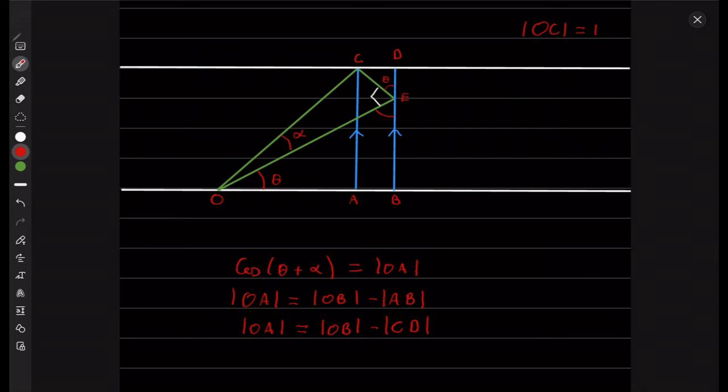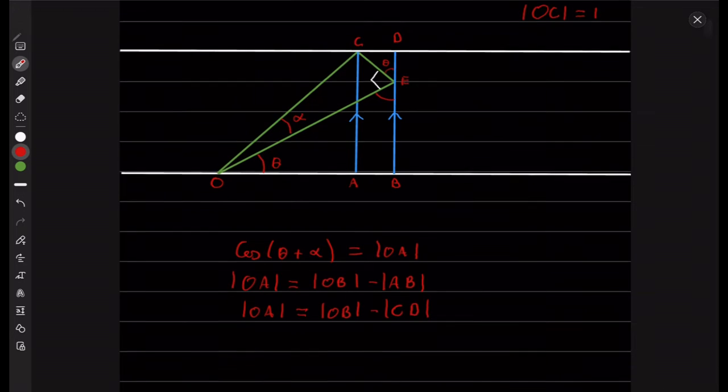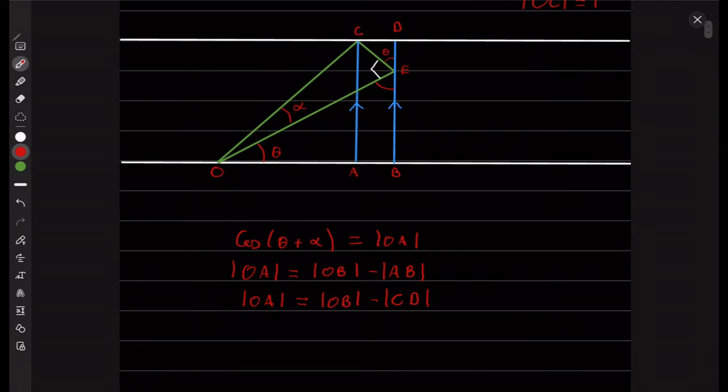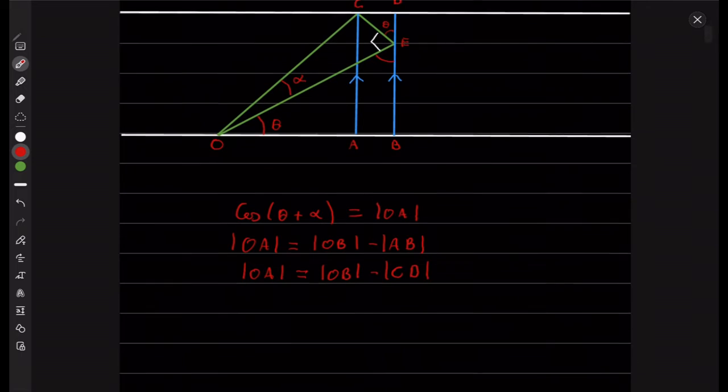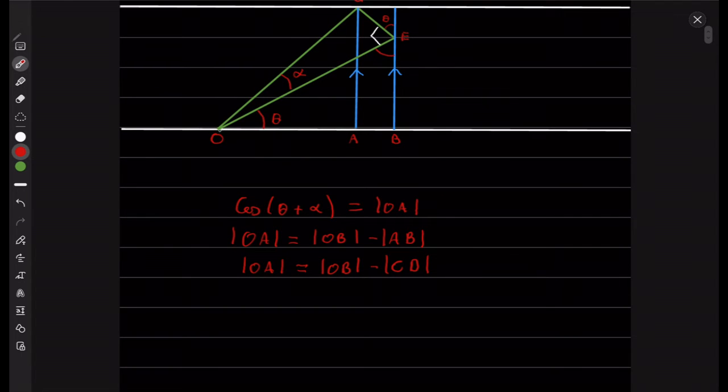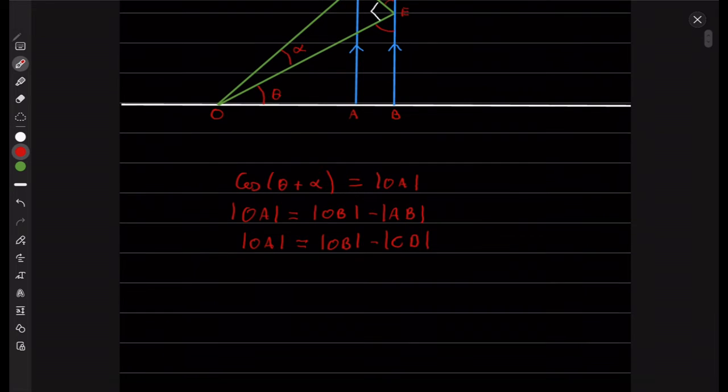Now, we can try to determine what CD is and what OB is, the whole thing down here. Immediately we can see that OB is equal to the hypotenuse, which is OE, times the cos of theta.